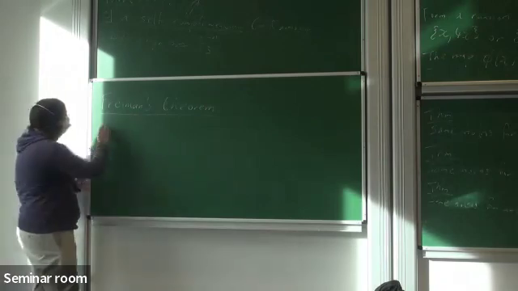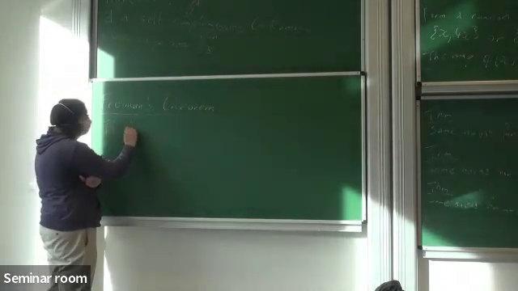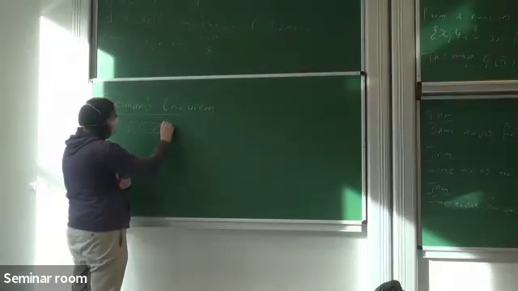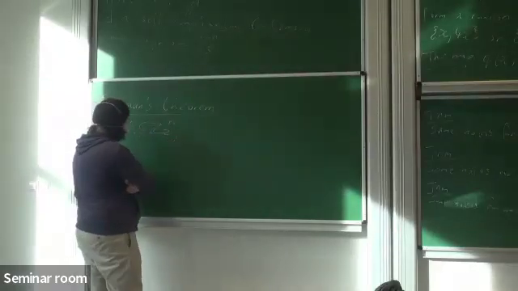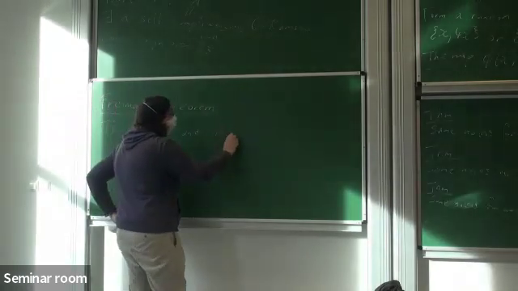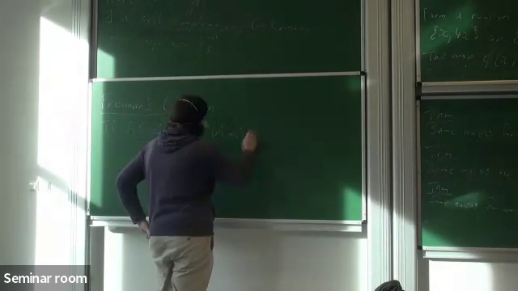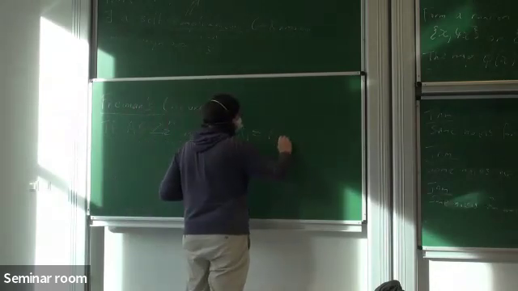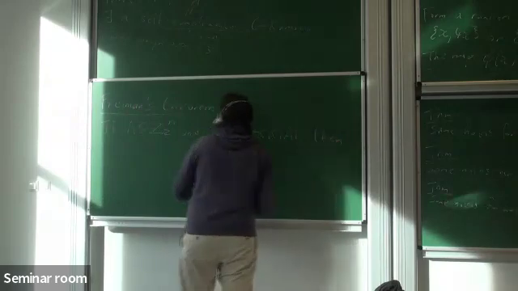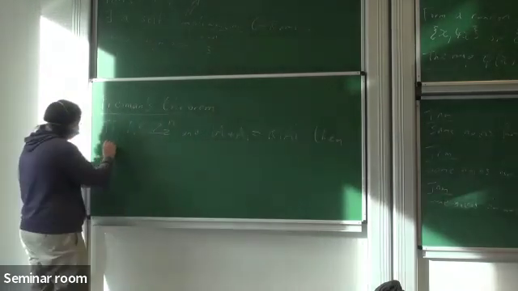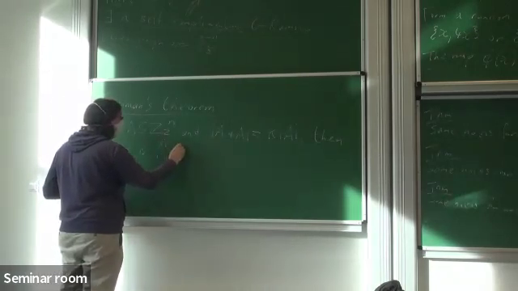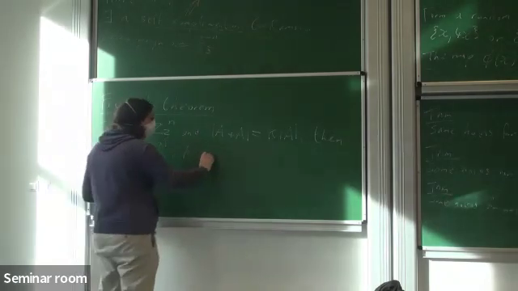If A is contained in Z2 to the n, and the size of A plus A is at most k times the size of A, then there is A prime, a subset of A, which is large.